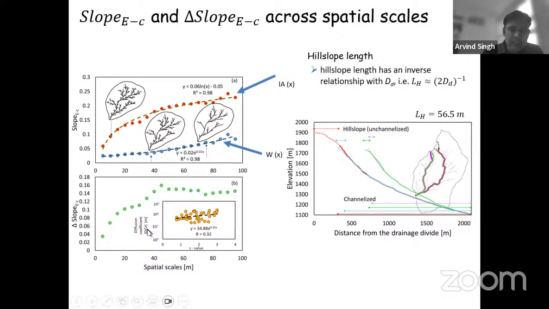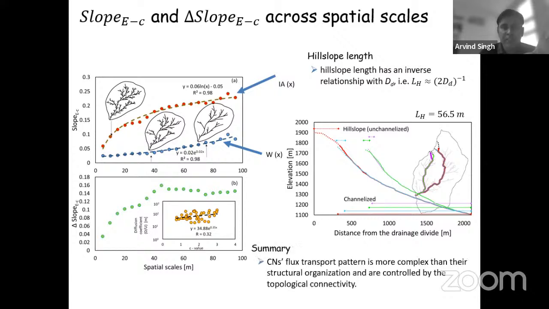From another analysis, as we know that on hill slopes diffusion is the predominant factor, we computed the diffusion coefficient of these topographies and plotted them as a function of C value. And what we see is a positive correlation between diffusion coefficient and C value, suggesting that the diffusion coefficient increases with increasing heterogeneity or side branching in a given network in a basin.